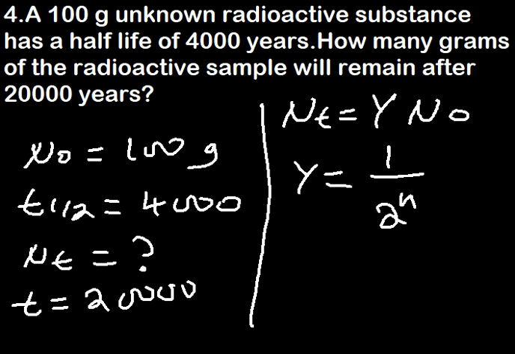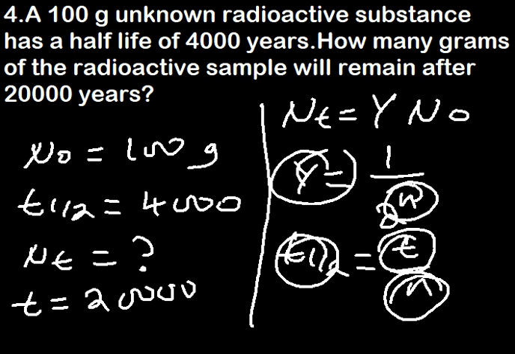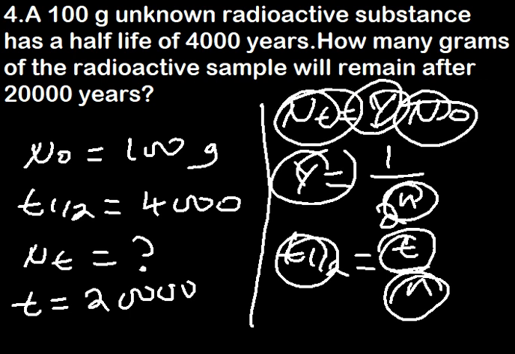Now how should we have the number of half-lives? The number of half-lives can be calculated using the formula, the half-life is equal to t divided by n, of which we have the half-life and also the time taken. You can be able to have the number of half-lives in that way. From there, upon substituting the number of half-lives, you substitute here. Since we have this, you can be able to have the amount of substance remaining after 20 years. So that's how best you can go for that.